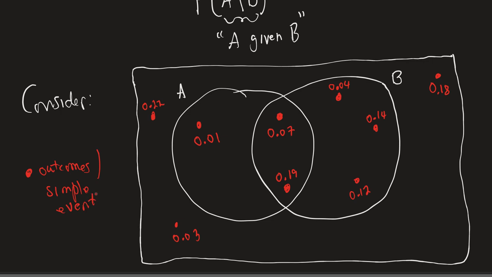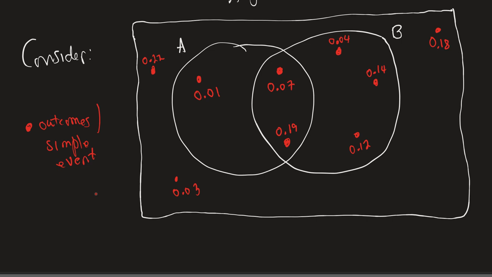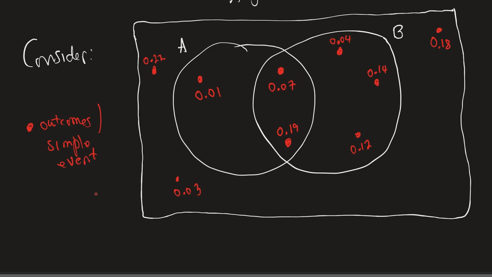Now, we could look at this and write certain things down. We could total up A. The probability of A: there are three simple events that lead to event A occurring, and those total up.